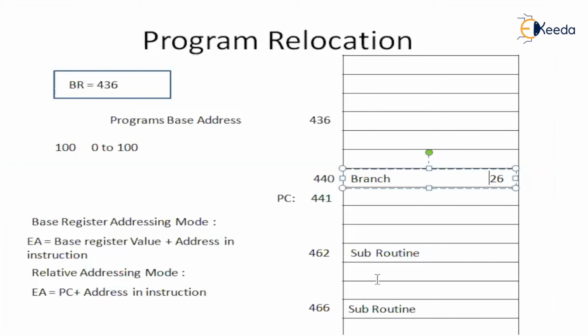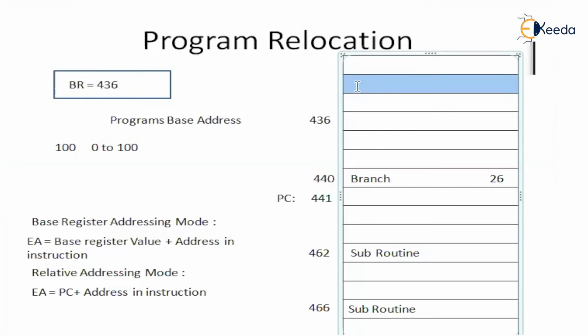Try to understand how I can branch right now. If I say branch to 26, simply without using any other addressing mode, program control will take me to some 26 location. But is this a part of your program?